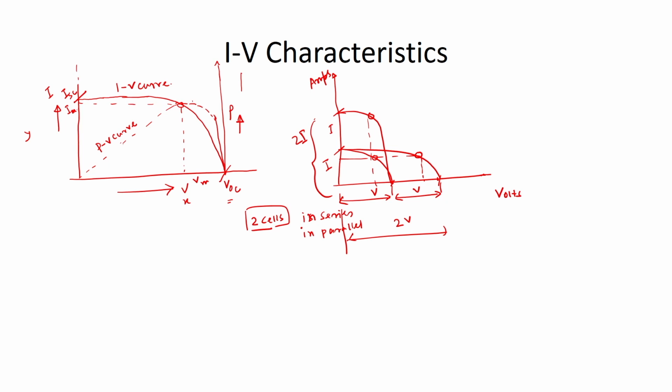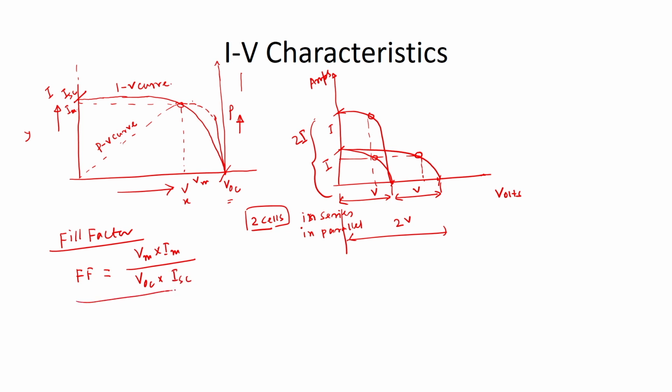Also, we might be interested in a term called fill factor. This fill factor of the cell is defined as FF is Vm multiplied by Im to the VOC multiplied by ISC.